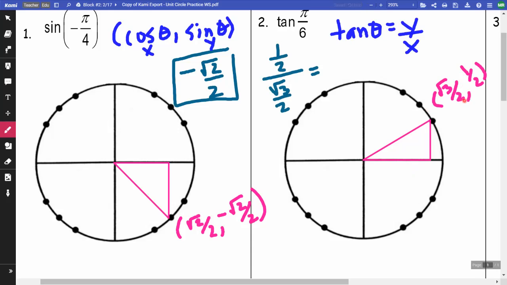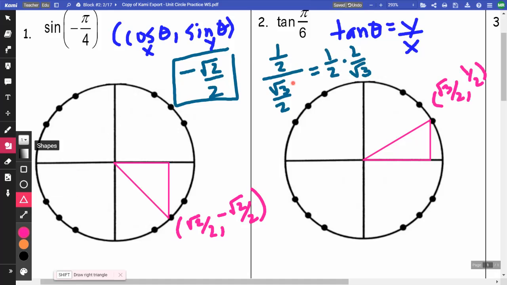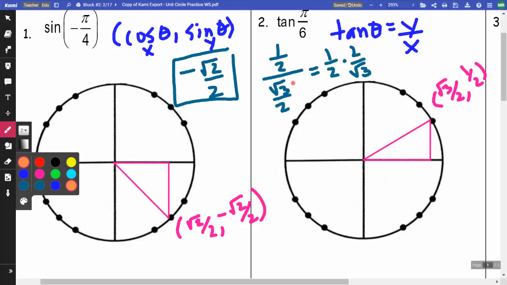When I am taking 1/2 divided by √3 halves, that is the same as 1/2 times the reciprocal, so that's 2 over √3. The 2 on the bottom and top are going to cancel, and I'm going to end up with 1 over √3, but we need to rationalize that.